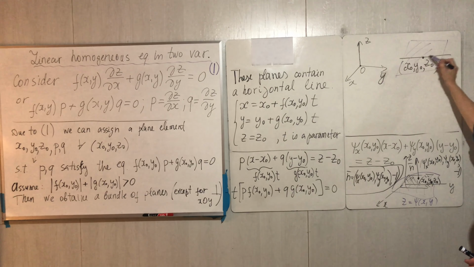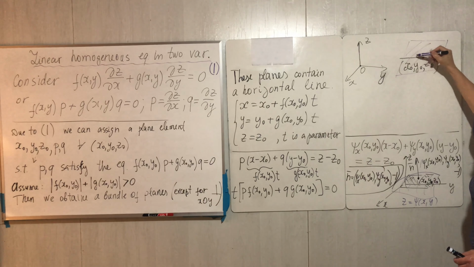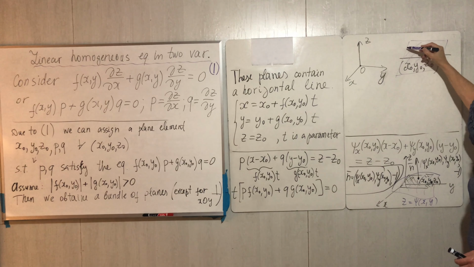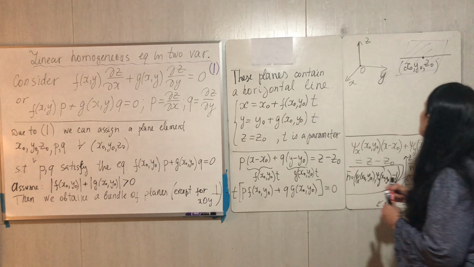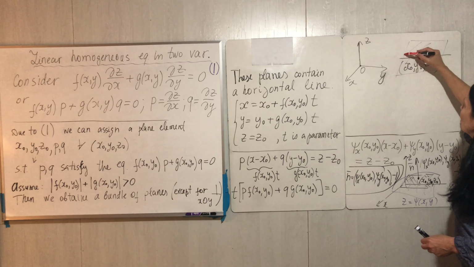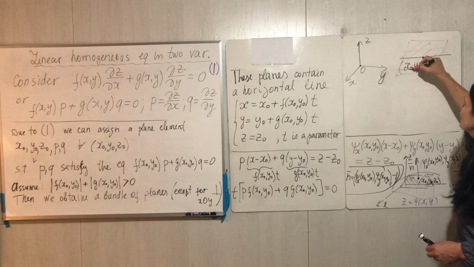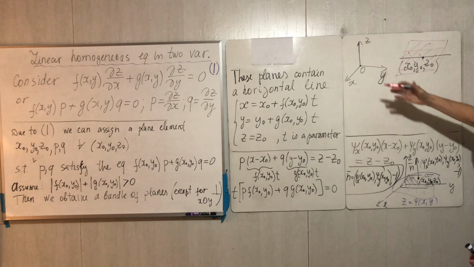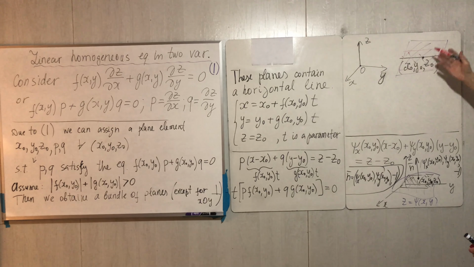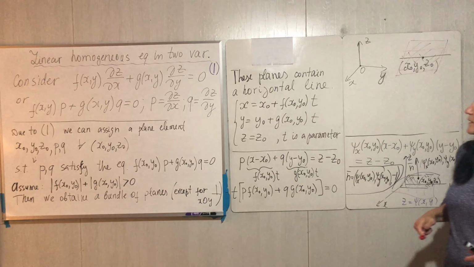That would be one plane, another plane would have the same line, but it will be this plane. I don't know how to draw it, that's another plane. So we have a bunch of planes except for the plane that is perpendicular to this one, so we will have this bundle of planes that have a horizontal line.